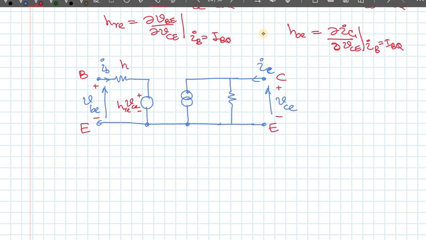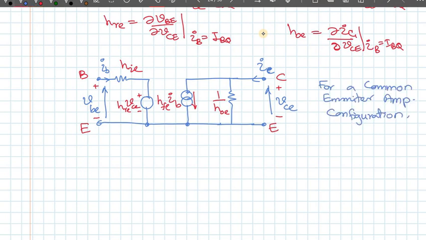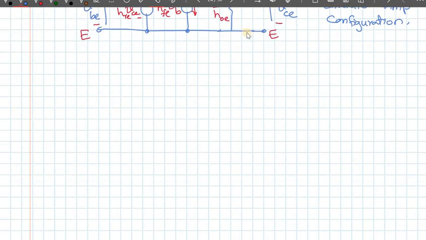This is HIE, this current is HFE times IB, that is input current times HFE, and this is 1 over HOE as a resistor. So conductance value is HOE, so the resistance is 1 over HOE, right? This is for a common emitter amplifier, so it's only for the common emitter, but you can generalize this to other two also.